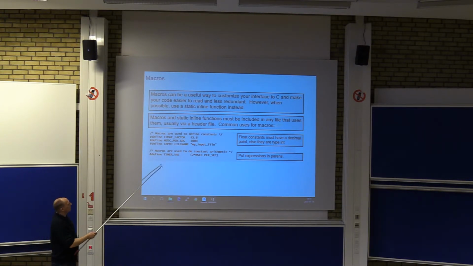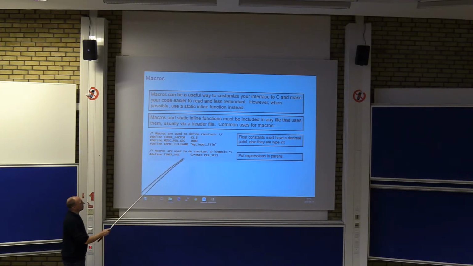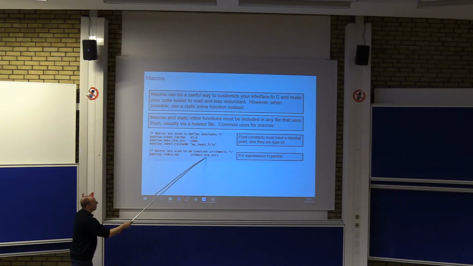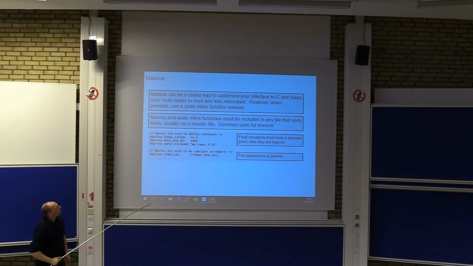You can also do arithmetics with constants, for example, time val could be something else multiplied by something else that is defined by the preprocessor before. So if you start to read code and you start to read FreeRTOS, you will see a lot of these defines here.